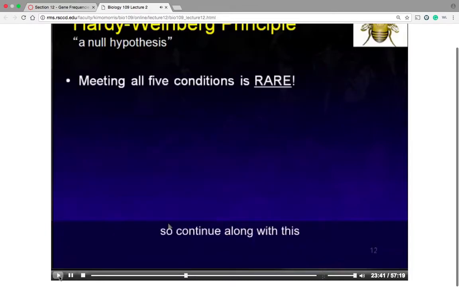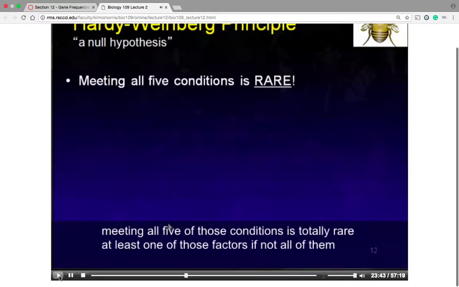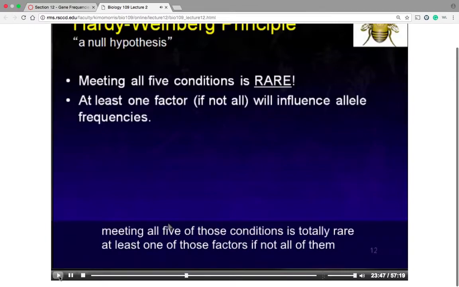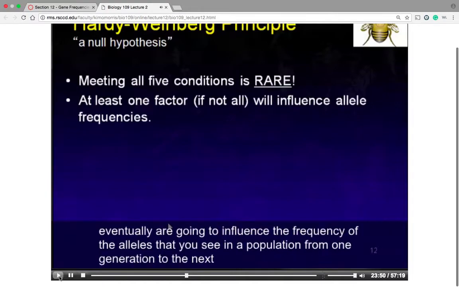Okay, so continuing on with this, meeting all 5 of those conditions is totally rare. At least one of those factors, if not all of them, eventually are going to influence the frequency of the alleles that you see in a population from one generation to the next.